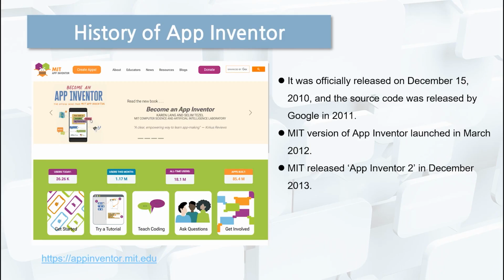And then App Inventor version 2, currently in use, was released in 2013 and has been used until now. More detailed information can be found on the App Inventor website. If you want more information, please visit the App Inventor website.